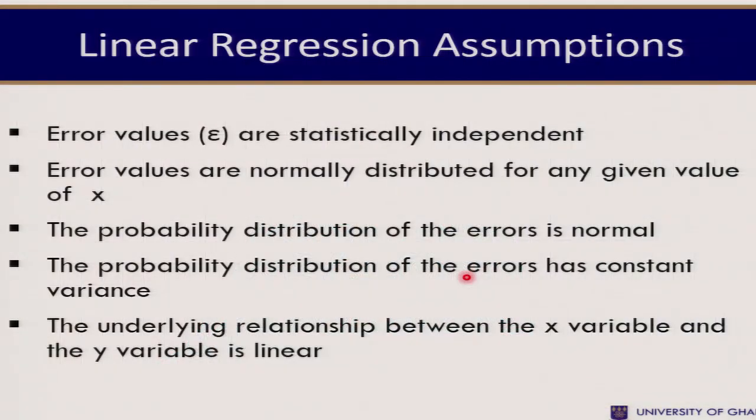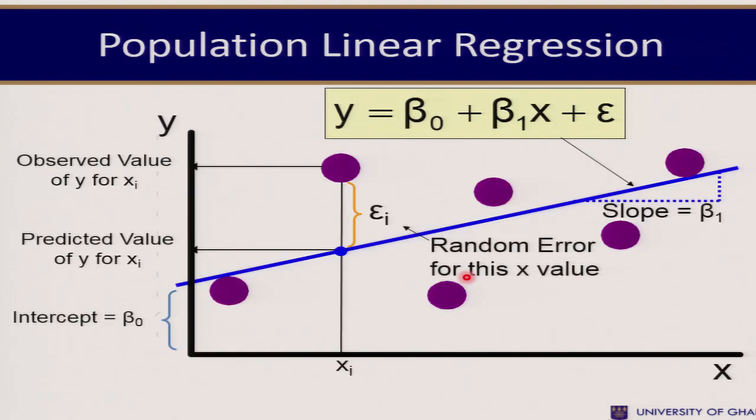These are some assumptions concerning the linear regression model. Error values are statistically independent. They are normally distributed, that is their probability distribution is normal, and they have a constant variance. And the underlying relationship, as already indicated, between the x variable and the y variable is a linear relationship.